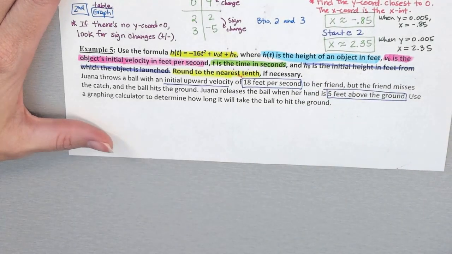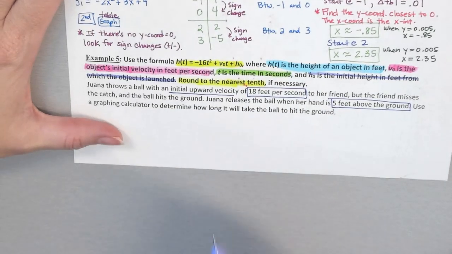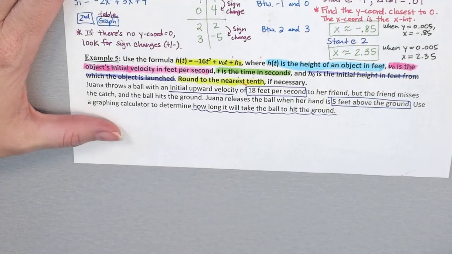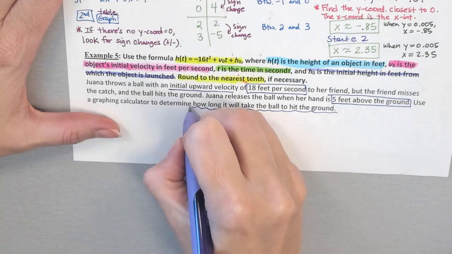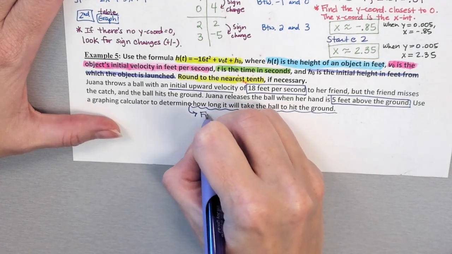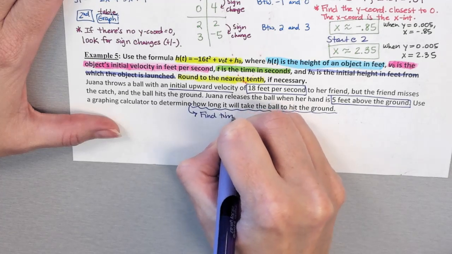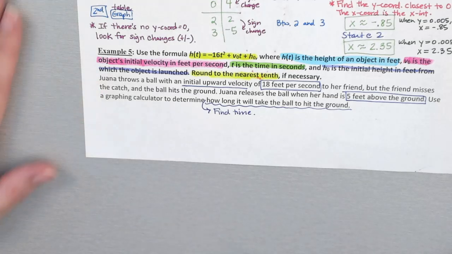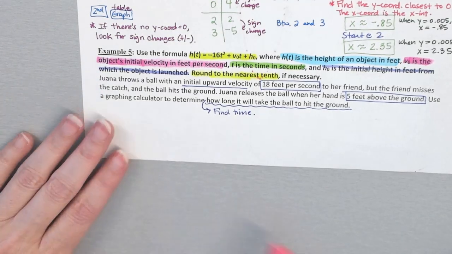Use a graphing calculator to determine how long it will take the ball to hit the ground. Anytime they're asking you how long, we need to understand that that means we have to find the time, which is our input value here, the t. So I'm going to show you how to use your graphing calculator to do that.